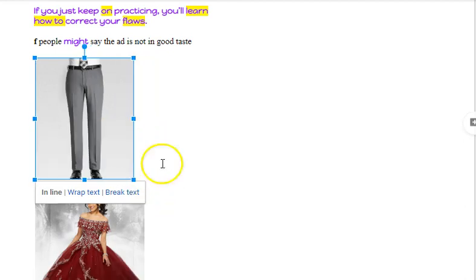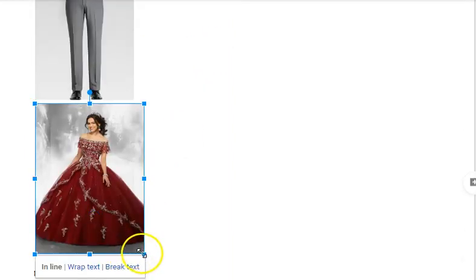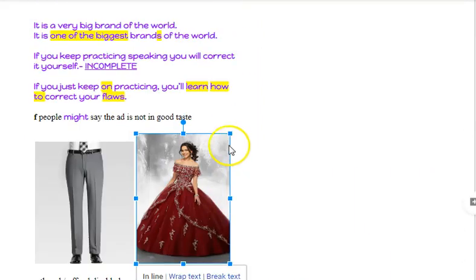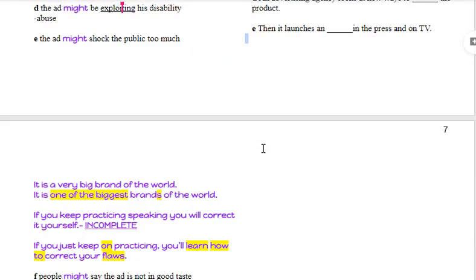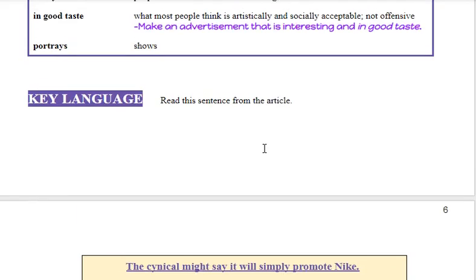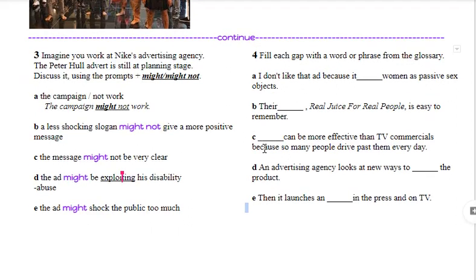Any questions so far? No. So people might say the ad is not in good taste. Why?